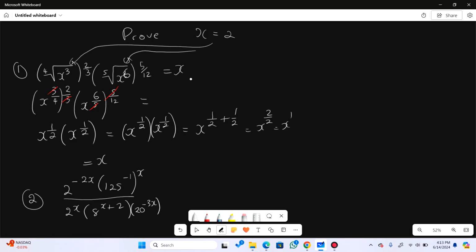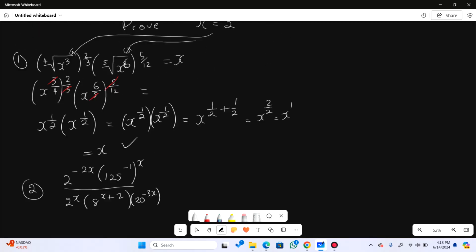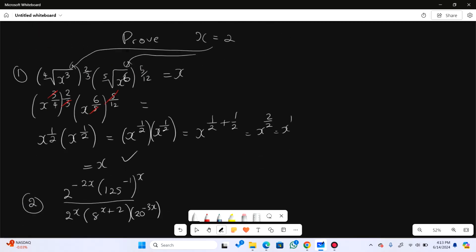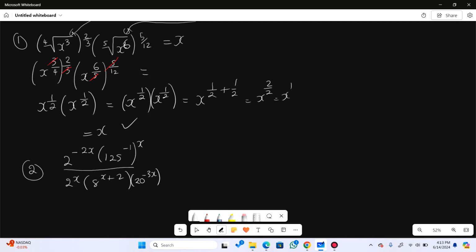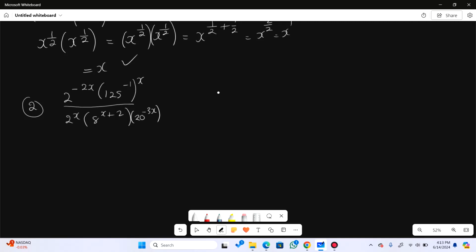We get a value of 2, so meaning that our answer here is correct. Okay, so make sure whenever you're dealing with exponents, you always check your answer. I've been saying this for some time now.